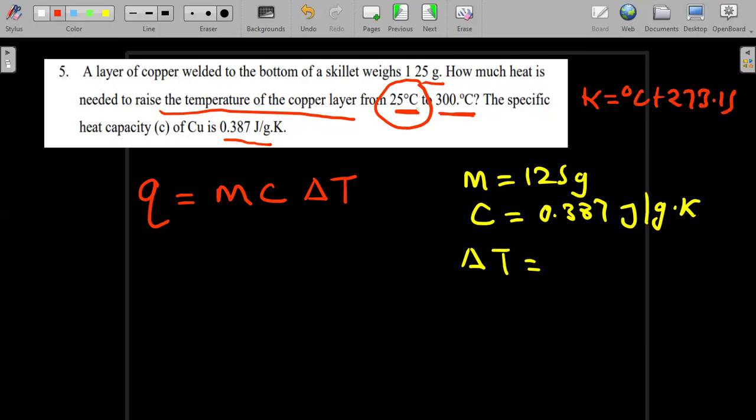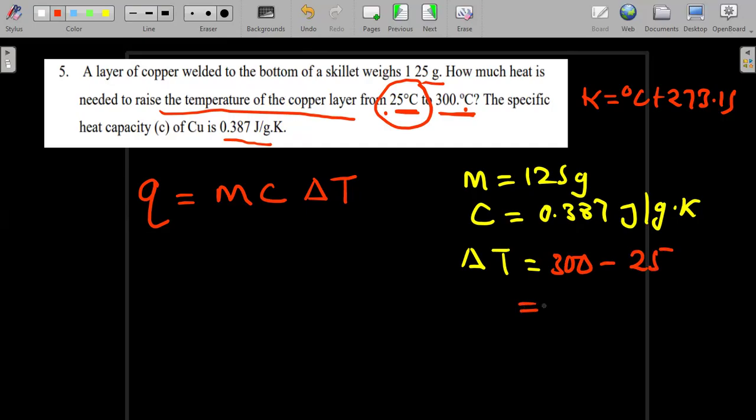So you can first convert this and this 300 to kelvins, and then you subtract them. But the difference between those temperatures will be the same, either you are using the kelvins or the degrees Celsius. So we are going to say 300 minus 25.